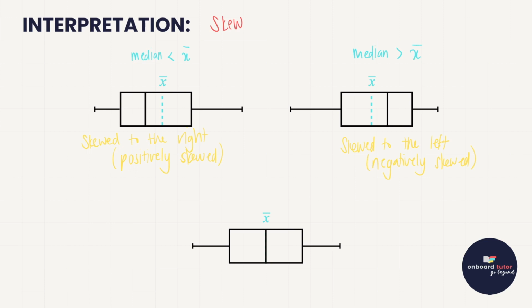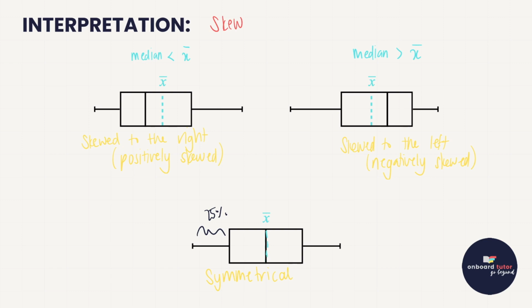Or you have what every statistician dreams of but never gets, and that is where your data is symmetrical. In other words, everything is spread out perfectly. All of the 25% sections are allocated exactly an equal amount of space. And the mean is equal to the median.